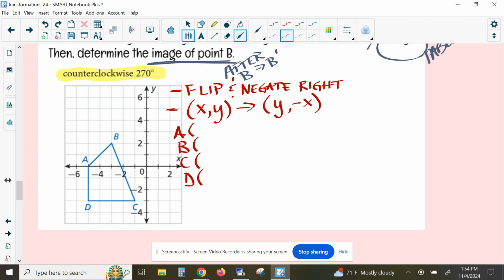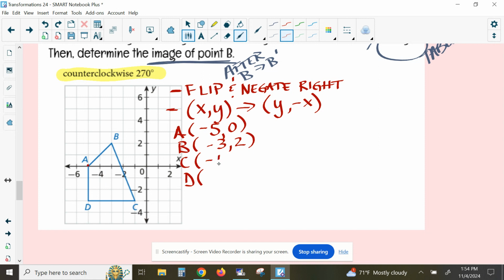So what are the coordinates of A? Negative 5, 0. Yeah? Okay, what are the coordinates of B? Negative 3, 2. What are the coordinates of C?